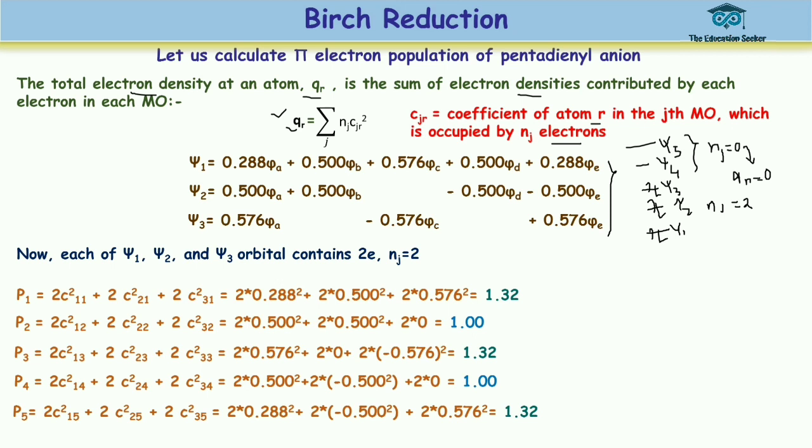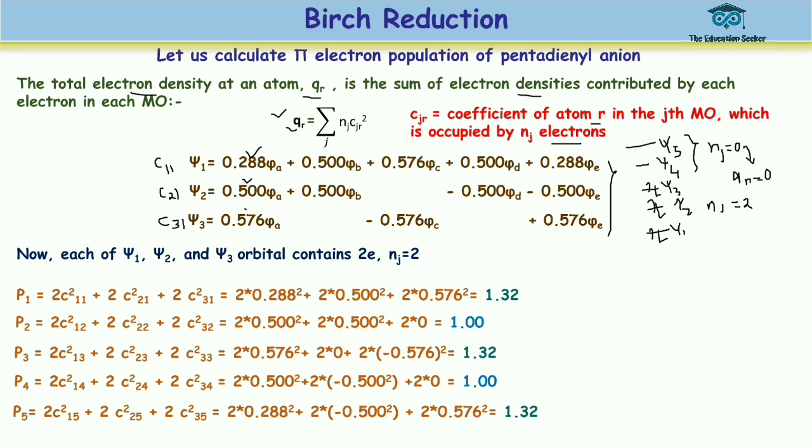So let us express the coefficient on carbon 1 first. For Psi1, the coefficient is given by C11. The value of it is 0.288, and for Psi2, the coefficient on carbon 1 is given by C21. The value is 0.5, and for Psi3, the coefficient on carbon 1 is given by C31.